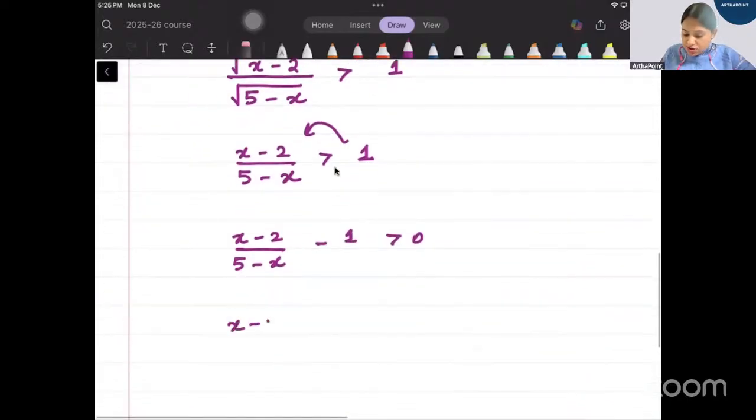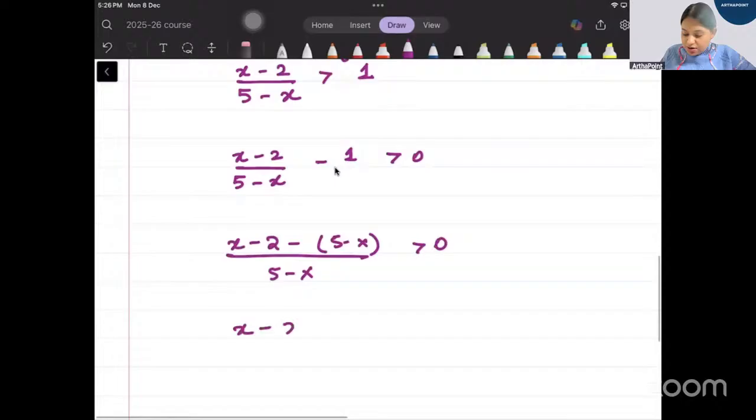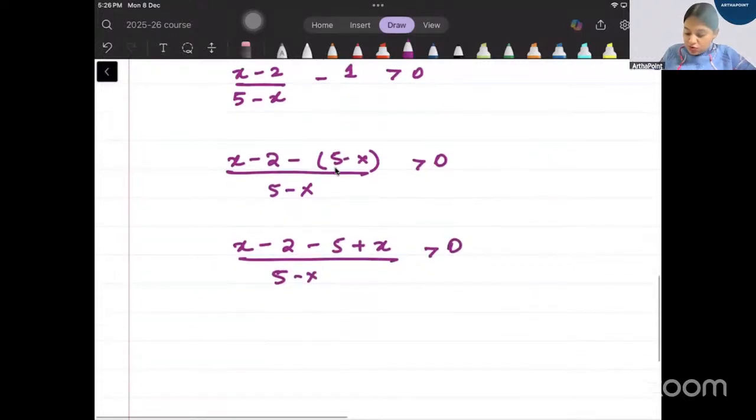So x minus 2 minus 5 plus x upon 5 minus x greater than 0. 2x minus 7 upon 5 minus x greater than 0.